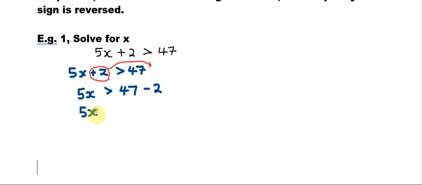When we simplify that, we will have 5x is greater than 45. The next step is to get rid of that 5 by dividing, and we also have to do it to the right hand side to keep the inequation balanced. So finally our answer turns out to be x is greater than 9. 5 nines are 45, right? So x is greater than 9.